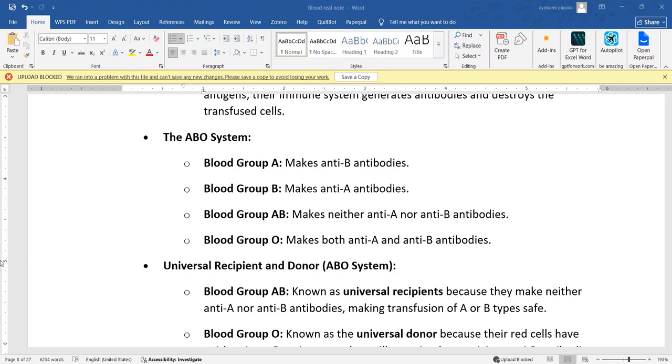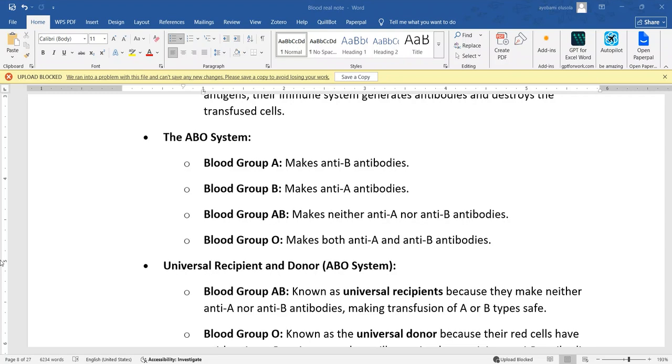If somebody's blood group is A and you give that person blood group B, that person will make antibody against blood group B. If somebody is blood group B, that person has antigen B and makes antibody against A. Now, blood group AB has both antigen A and antigen B, and will not make antibody against A or B. That is why blood group AB are called universal recipients, because they don't make antibodies that will fight either A or B. When you do cross matching, they can receive blood from anybody. Are we on the same page?